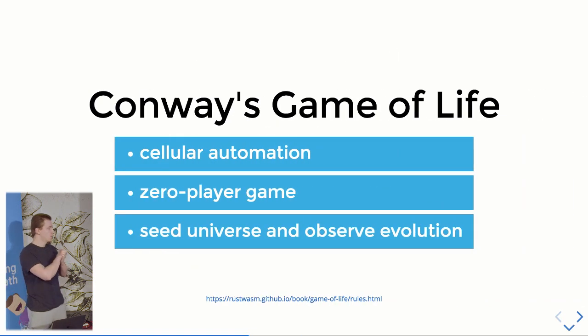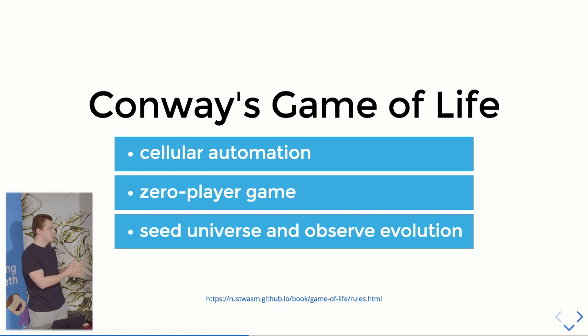But in order to explore the possibilities of WebAssembly, we need to transition to something a bit more advanced and complicated. Conway's Game of Life is a really nice example. This is a cellular automaton which doesn't require any user interaction during the game.